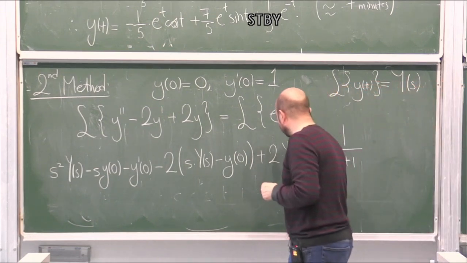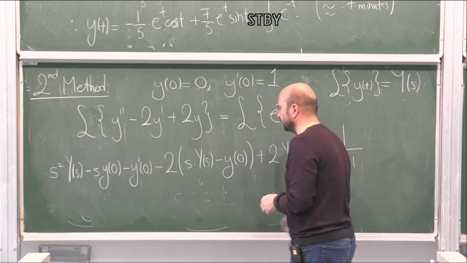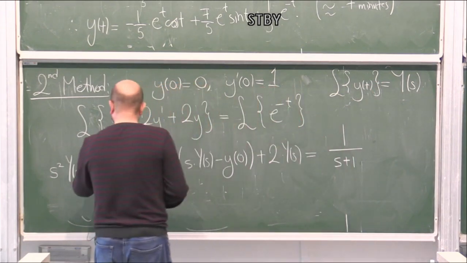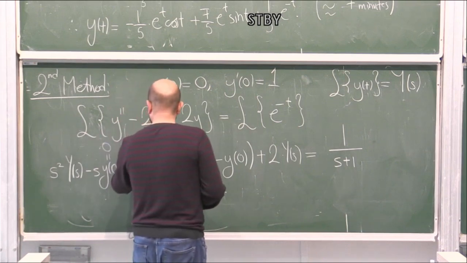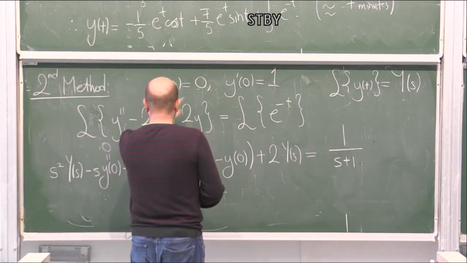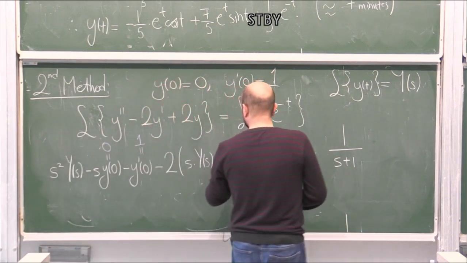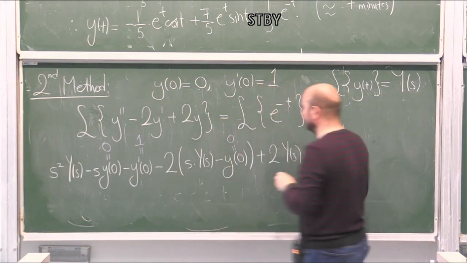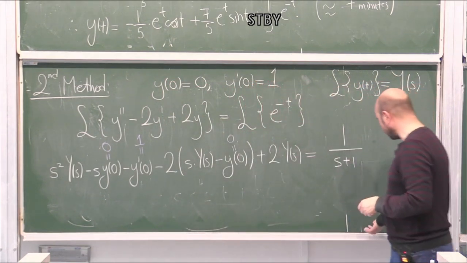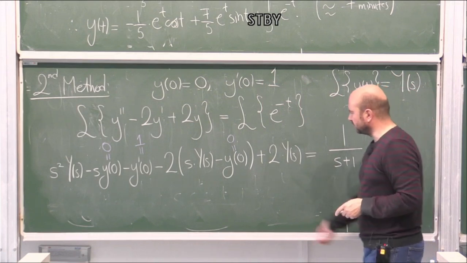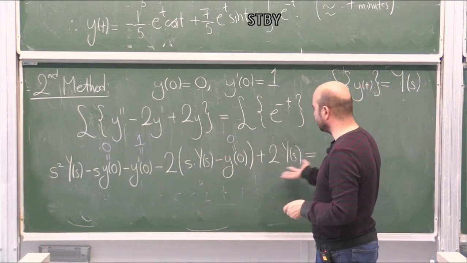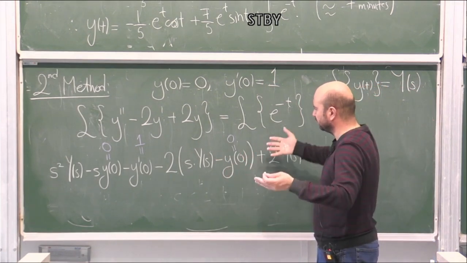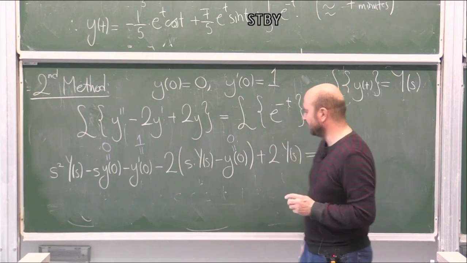Okay. So now if you look at these numbers, y0 is 0, y prime 0 is 1 from the initial values, and y0 is 0 again. So now, what is left? There are terms containing Y of s, there are terms containing just numbers. So let's group the Y of s terms.